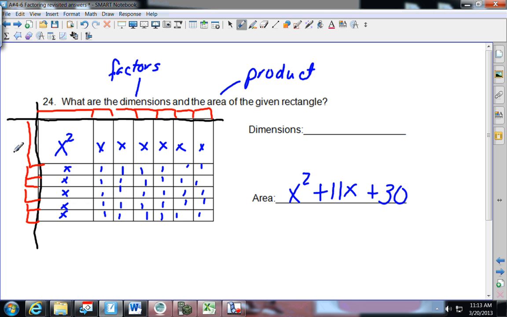So right here, this is an x. 1, 2, 3, 4, 5. X plus 5. So one of my dimensions is x plus 5. The other one, this is an x. 1, 2, 3, 4, 5, 6. X plus 6. Because 5 times 6 is 30. And when you add them together, that gives you the 11x.